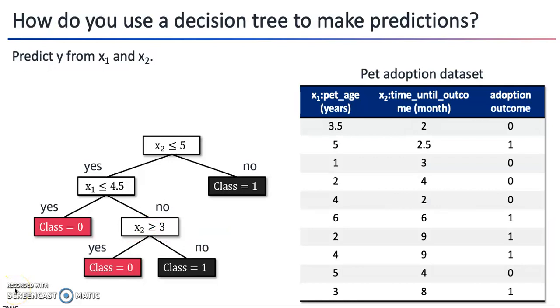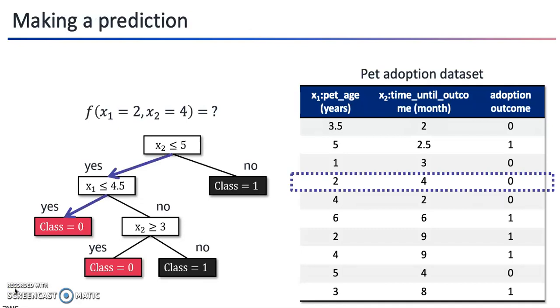So now that we have a machine learning model that has been trained, the goal is to make predictions: how to predict y from x1 and x2, how to predict the target from 2 given features.